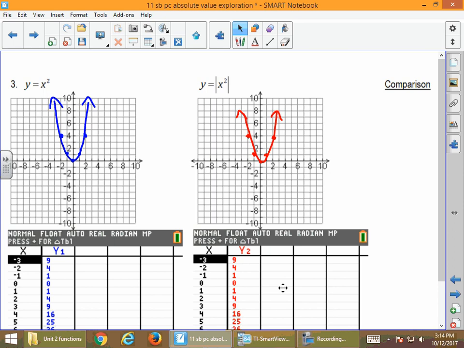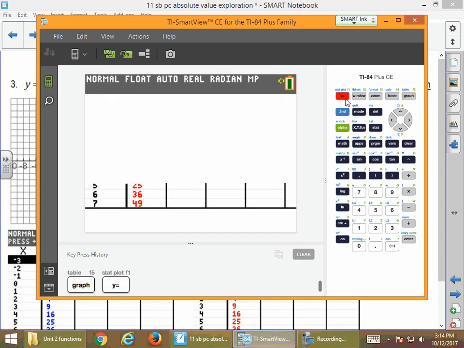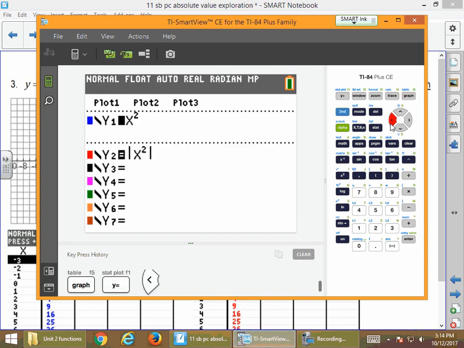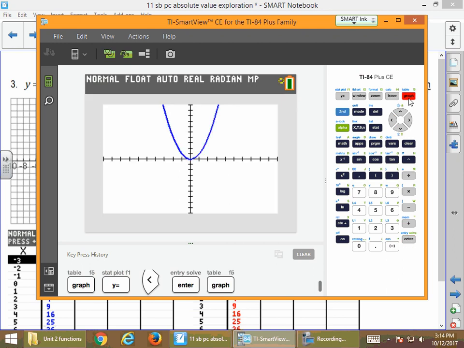So nothing changed in this particular case. But that's not always the case. And by the way, let's take a quick look at both of the graphs at the same time. If I turn that one back on, sure enough, the blue graph, which was our original function, landed on top of the red graph, our absolute value function, which was already graphed there, and they ended up being the same.